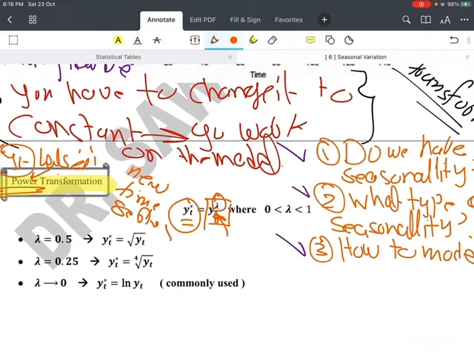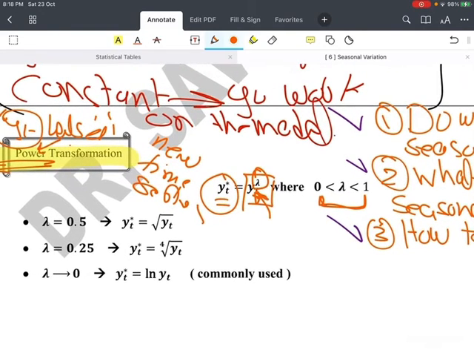The values of this lambda have a range from 0 to 2. So if it is 0.5, the new y of t becomes the square root of y of t. When it is 0.25, it will be the fourth root of y of t. When it is 0, it will be ln of y of t.